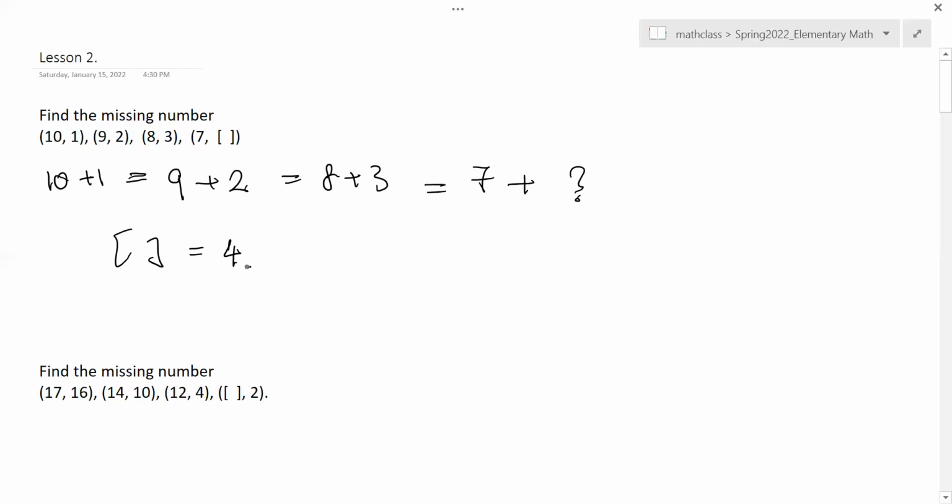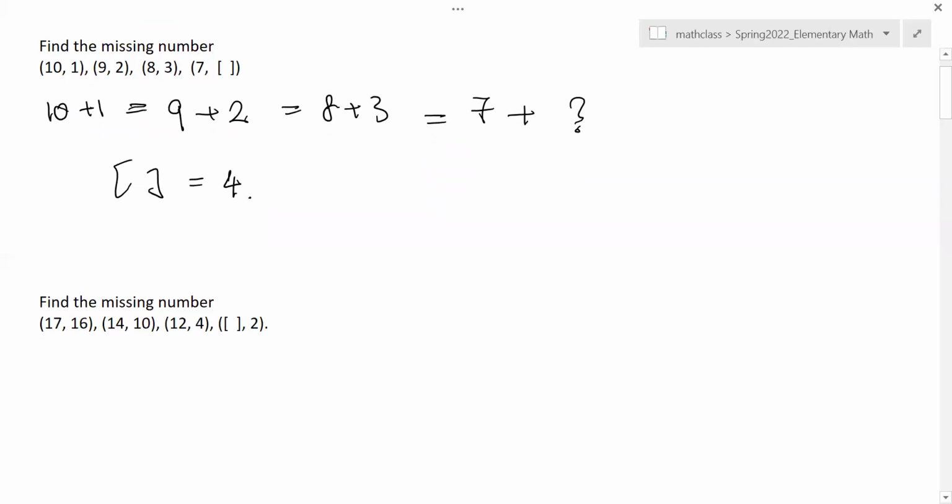Then you look at the second problem. We have a sequence of 4 pairs of numbers. Now look at these pairs: 17 plus 16, 14 plus 10, 12 plus 4, and some number plus 2.